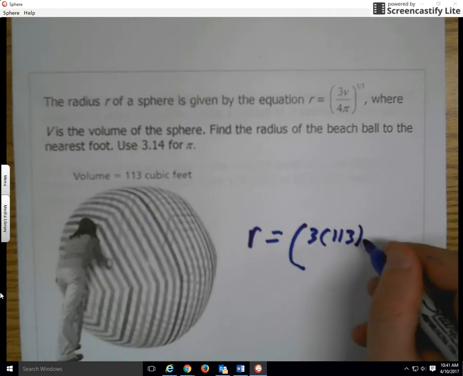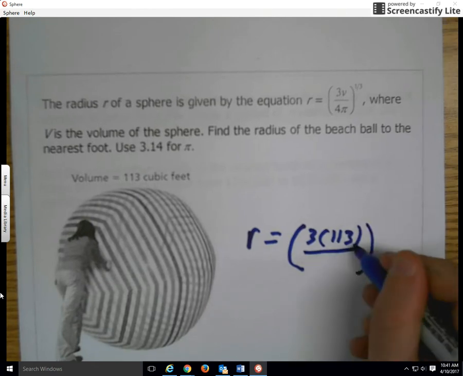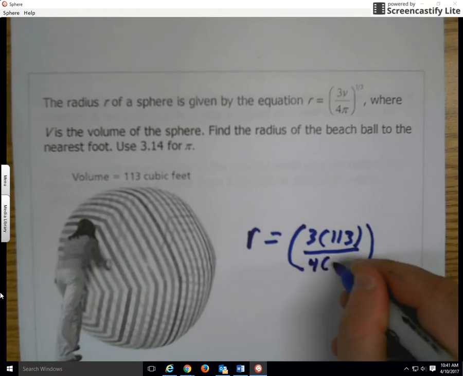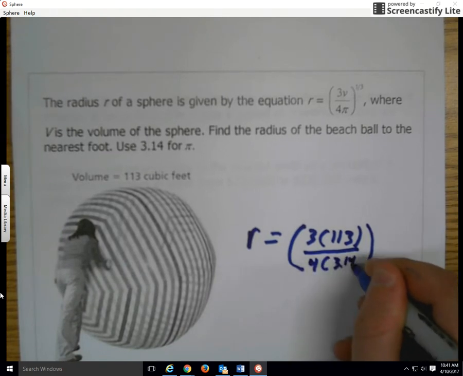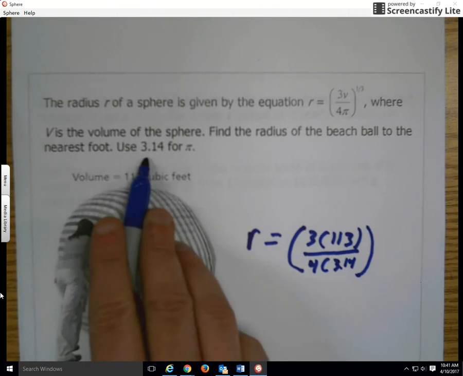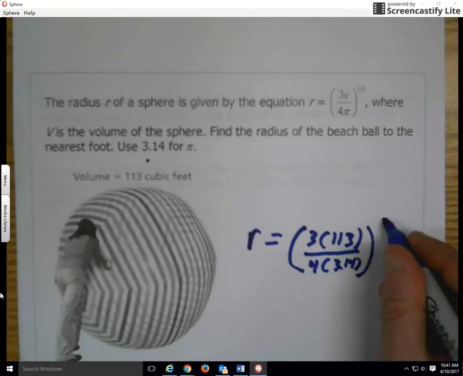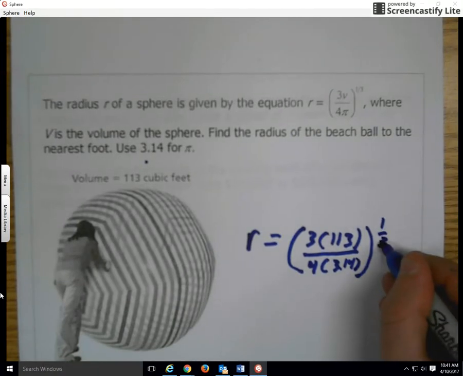I'll substitute that in for the v. And that's over 4 times pi, but it tells us to go ahead and use 3.14 for pi. Okay, that's all to the 1/3 power.